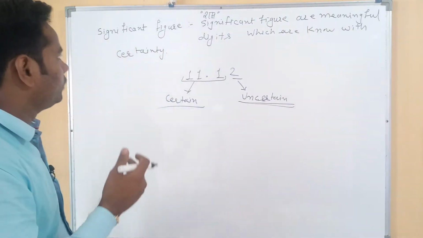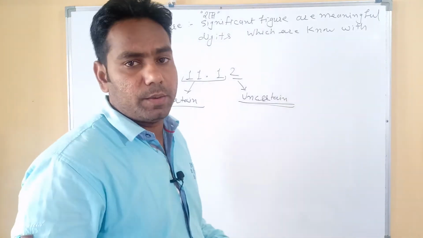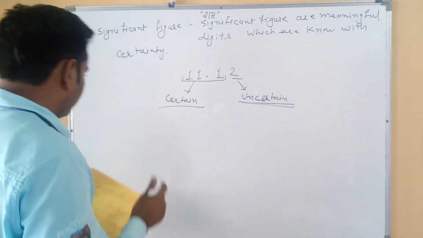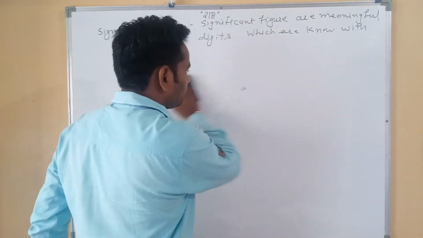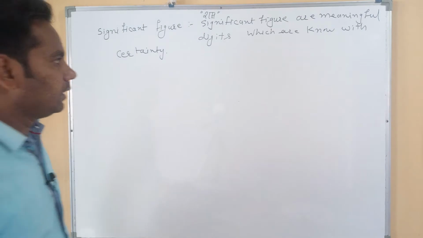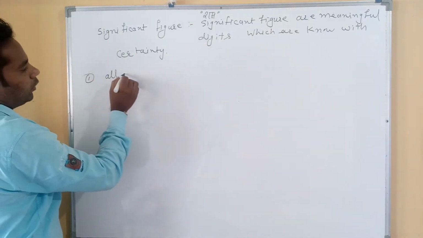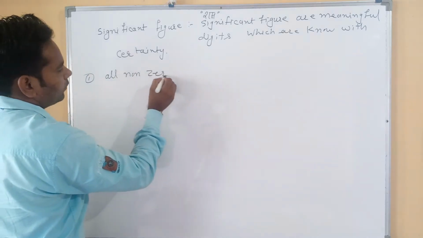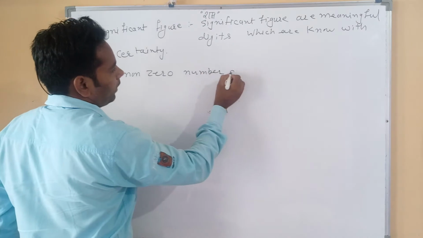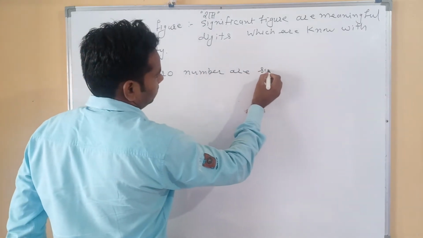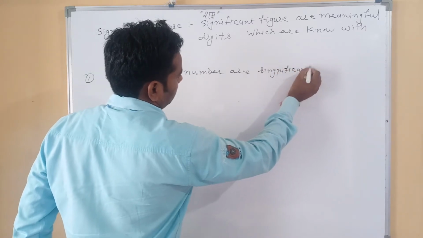Clear? Some rules are there so we can clear which numbers are significant and which are not significant. First rule is, okay, I clear it first: all non-zero numbers are significant. Clear?